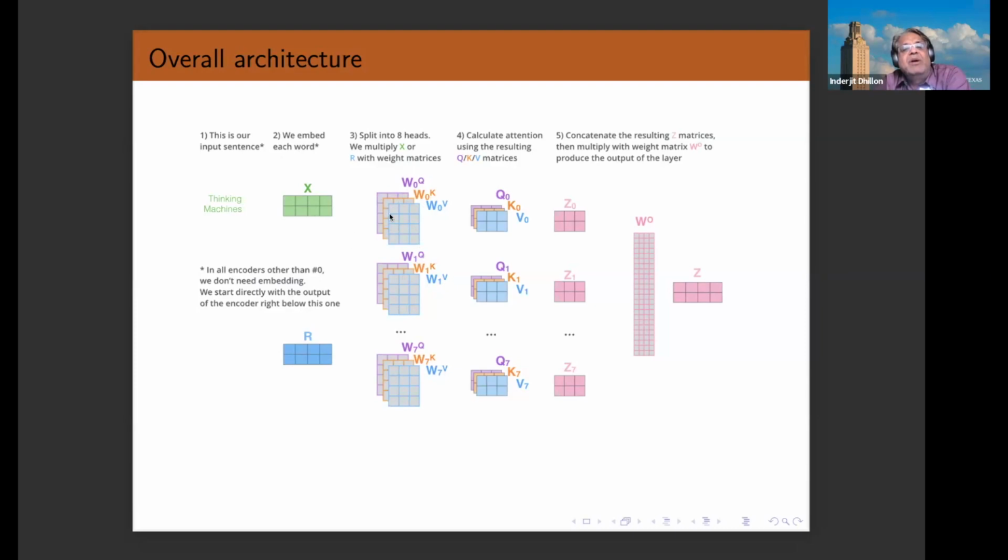You multiply X, which is the input tokens, with these weight matrices. You calculate the attention using these QKV matrices. You concatenate the result for each head, which is given here. You multiply it by this weight matrix, and you get out Z.